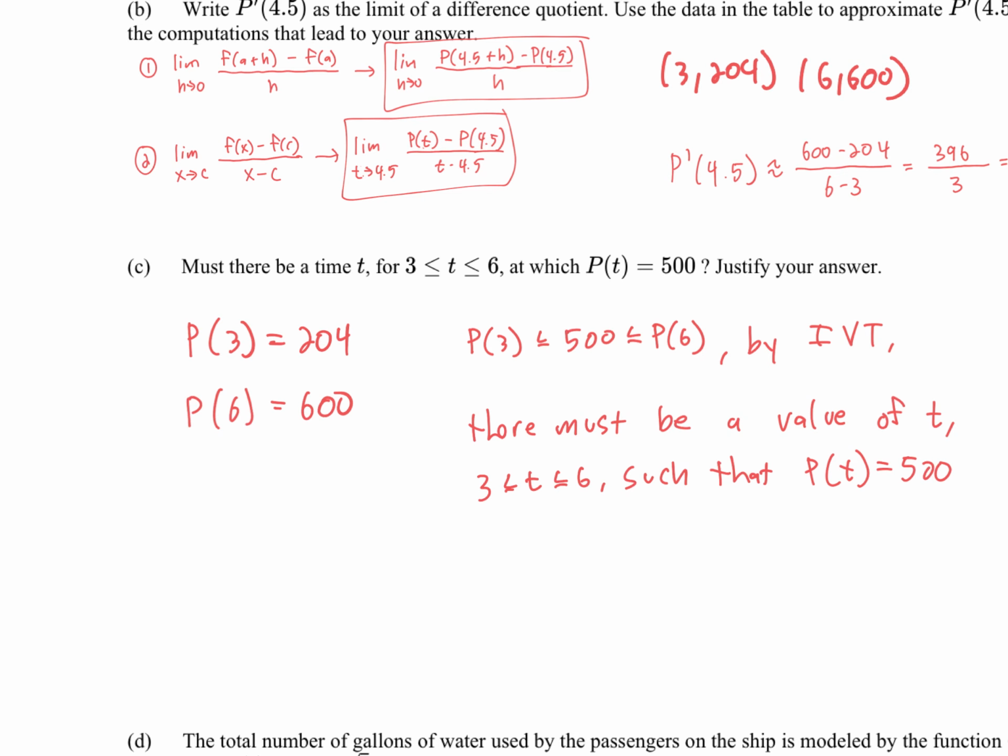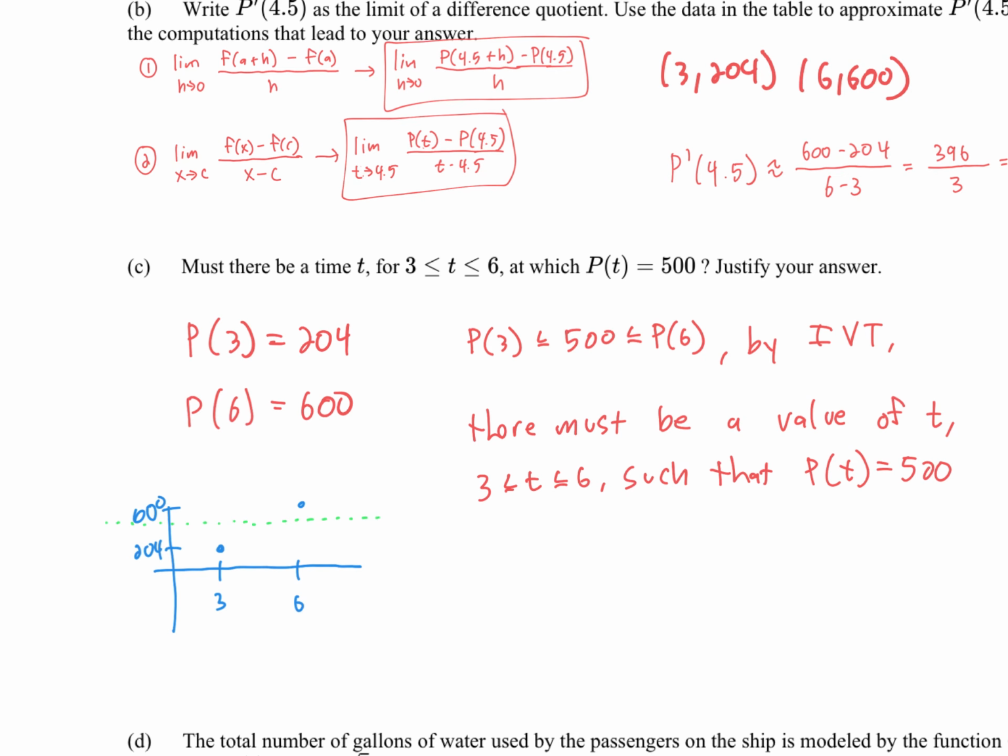Okay, just to understand this also, for anybody that hasn't understood the intermediate value theorem yet, let's say that's 3 and that's 6. So we'll just plot these. p of 3, let's say that's 204, and p of 6, let's say that's 600. So I'm plotting these 2 points, (3, 204) and (6, 600). You can see 500 is right here.